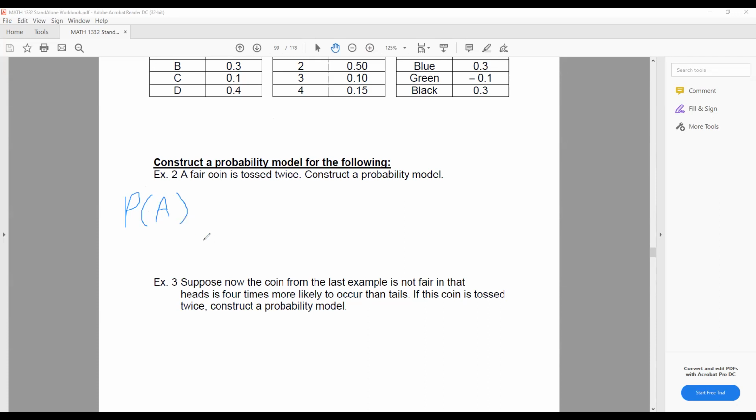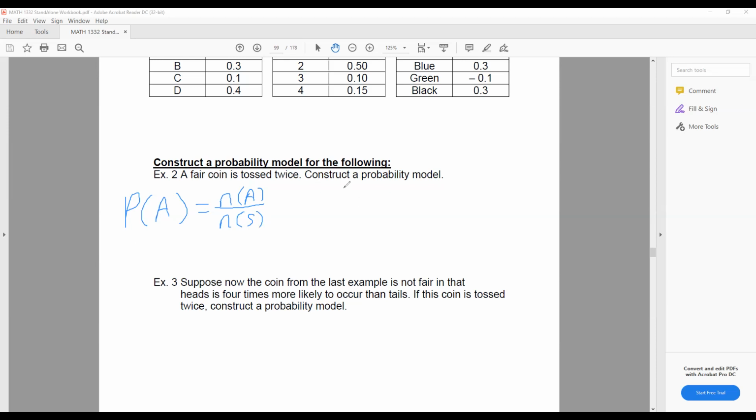So this notation right here, P of A, means the probability of event A happening. That will always be equal to the number of ways A can happen over the number of total possibilities in the sample space S.